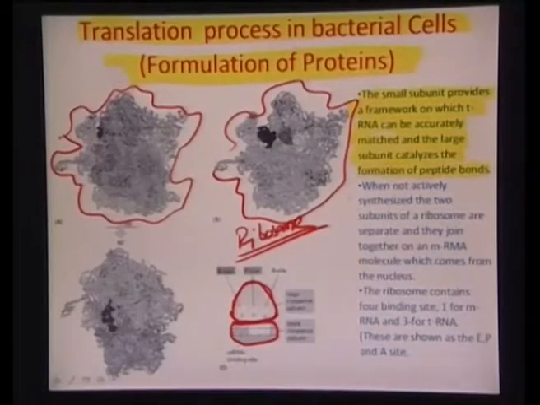Essentially these jaws have 3 different binding sites, which are represented by, let us say, E, P and A. These are pockets. It is not very clear in the diagram here, but these E, P, A sites are pockets on the upper portion of the ribosome.